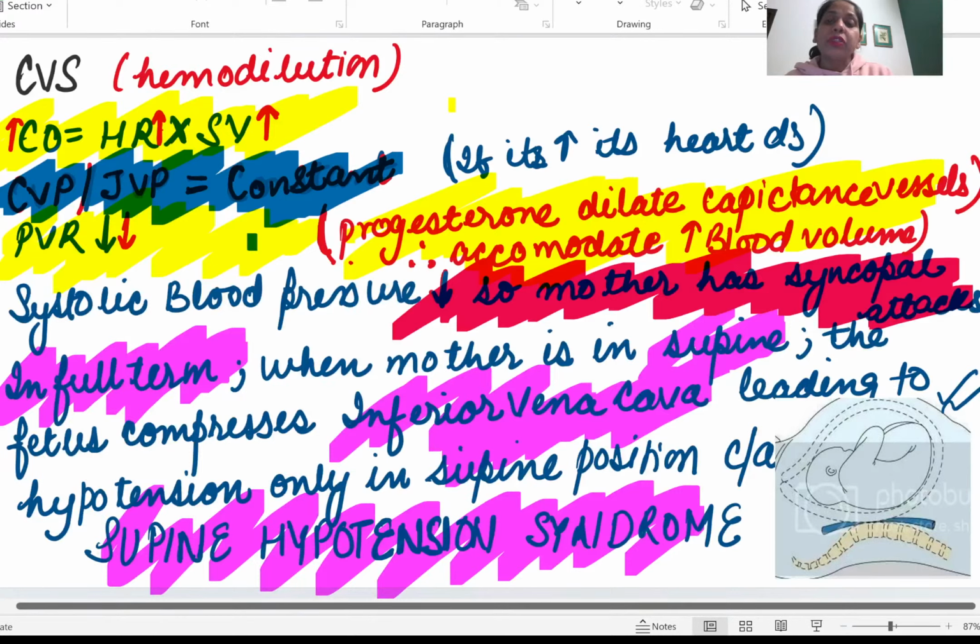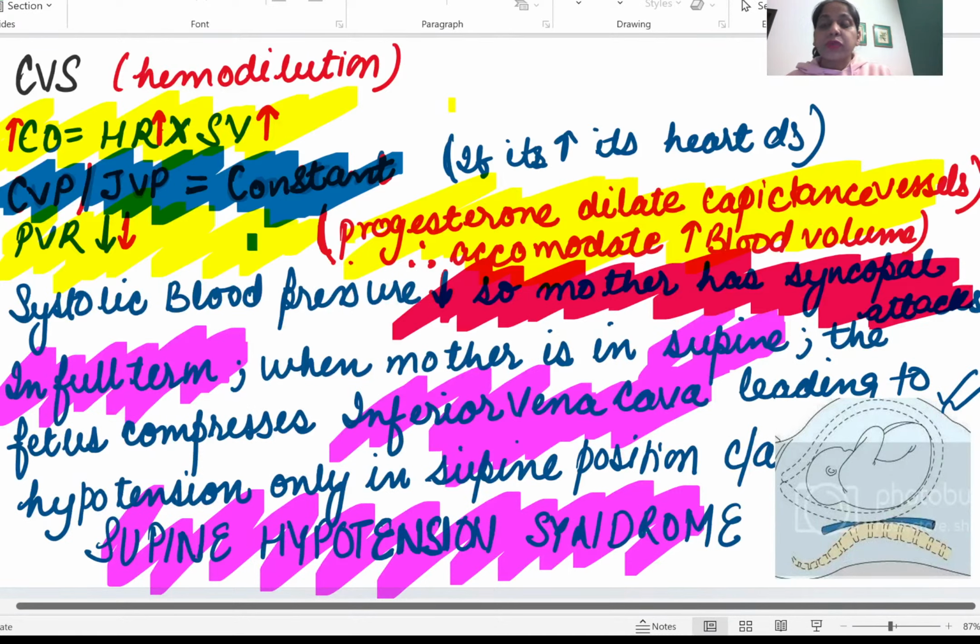So the heart rate also increases and stroke volume also increases. So all the three factors increase. The central venous pressure or the jugular venous pressure remains constant. This is the parameter which we use. If this is increased, then it means that the patient is a heart disease patient.